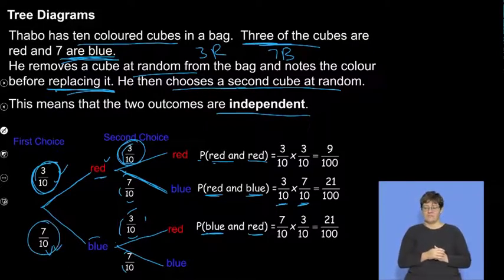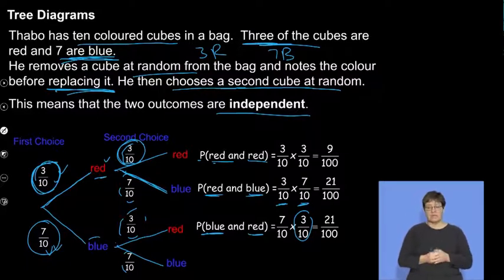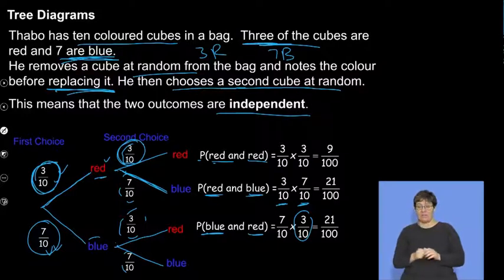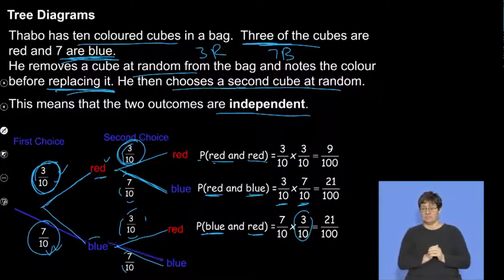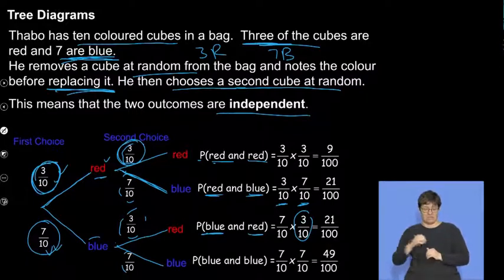Of getting red, 3 out of 10. We get 21 over 100, which is 21%. The chance of getting blue twice is what? 7 out of 10 multiplied by 7 over 10, which is 49 over 100. Just 49%.